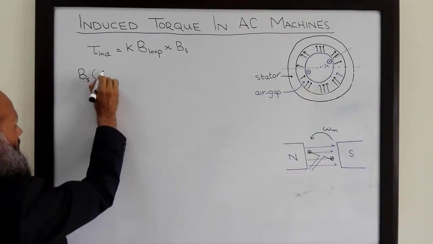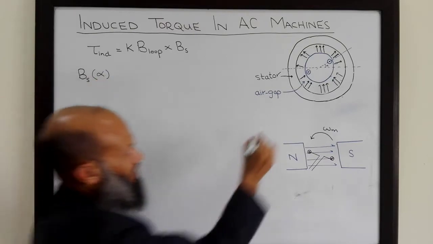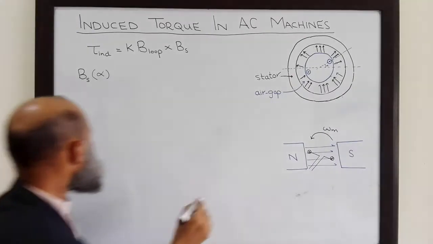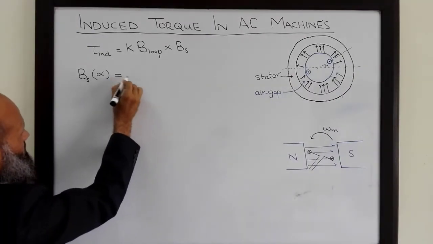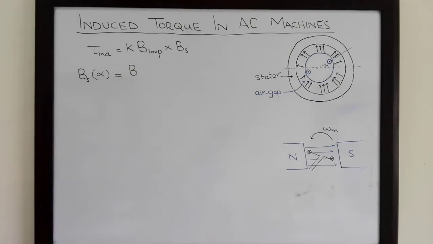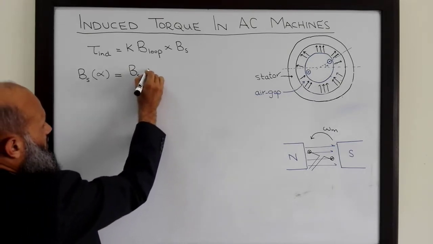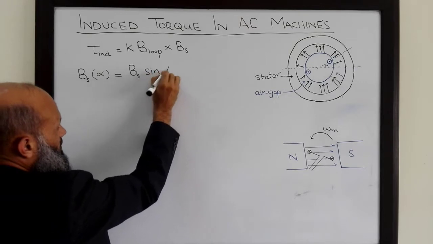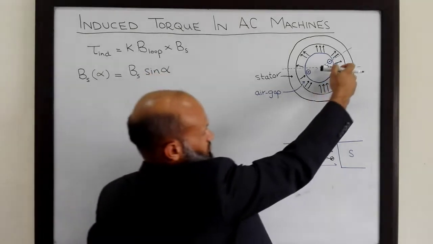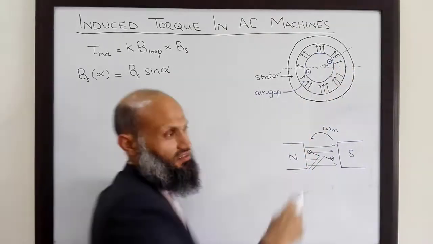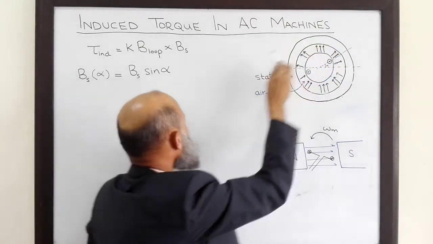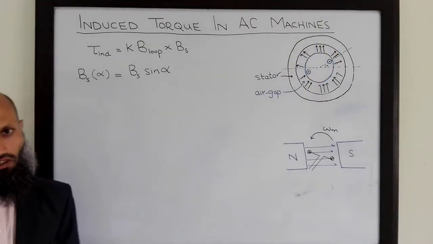It is a function of angle alpha, which is measured from this horizontal position. So B_s is given by the maximum value of the stator magnetic field times sine of alpha. Corresponding to alpha equal to 0, the flux density is 0, and it is maximum corresponding to alpha equal to 90 degrees.